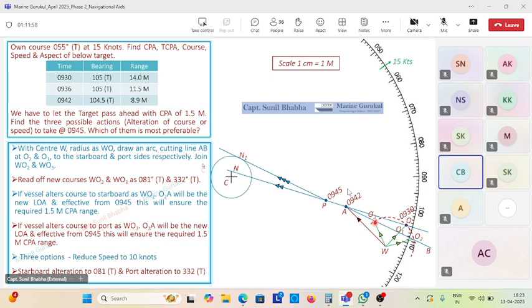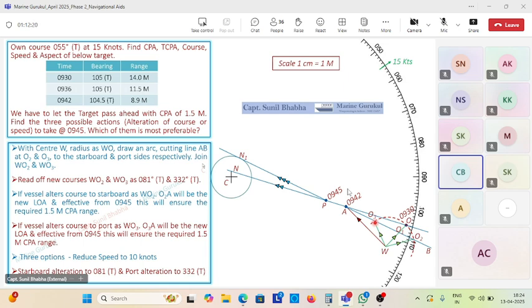So with all these three options available to us, we now evaluate the plot, and we are able to observe that these two ships, on-ship and the target ship, are crossing with a risk of collision. On-ship is also having the target on her starboard side.